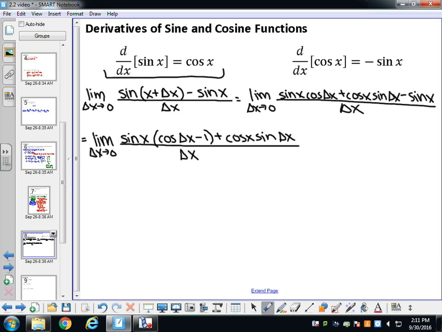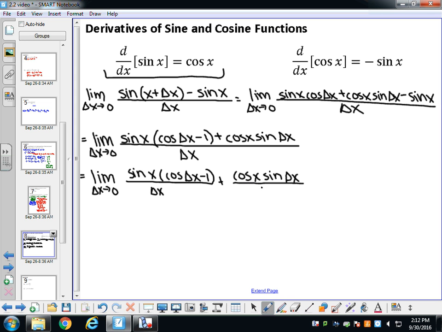All right. Now I kind of want to separate that stuff out. So I have the limit, delta x goes to 0 of sine of x times cosine of delta x minus 1 all over delta x, and then plus cosine of x sine of delta x over delta x.